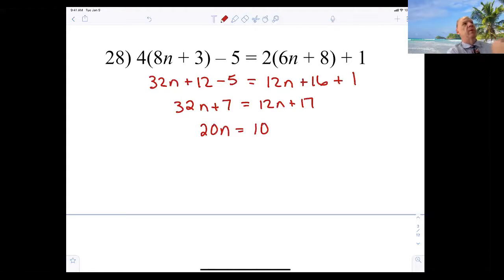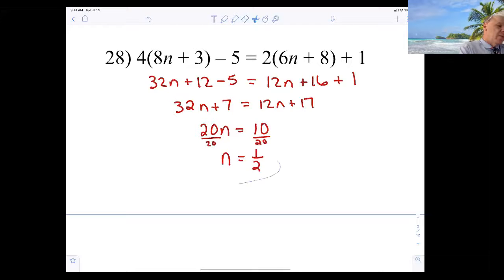Now again, here's where kids make mistakes. They accidentally put 2 instead of 1/2. n equals 1/2, because remember, we're dividing by 20. So 10 over 20 reduces to 1/2.